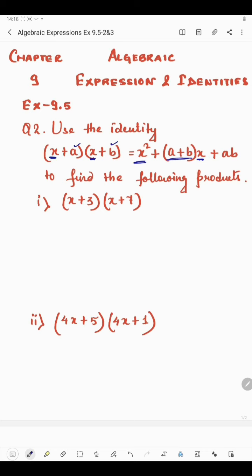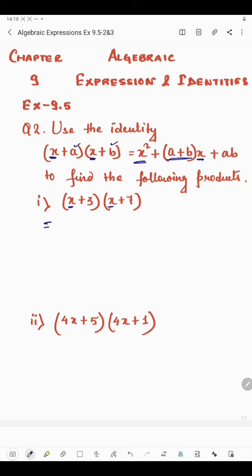Now let's start. In the first part we have (x + 3)(x + 7). So we will have to find the product of this using this identity. According to this identity, we have the first term the same and the second term different here.